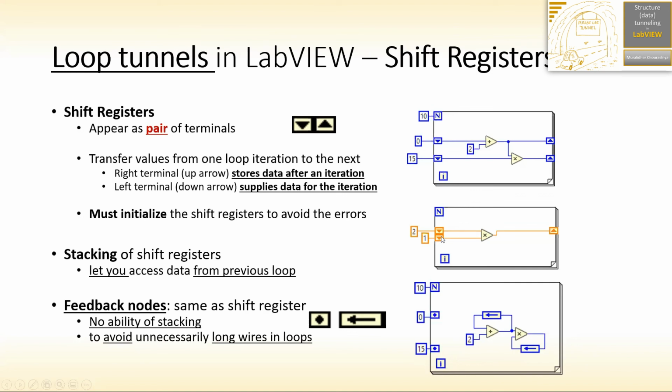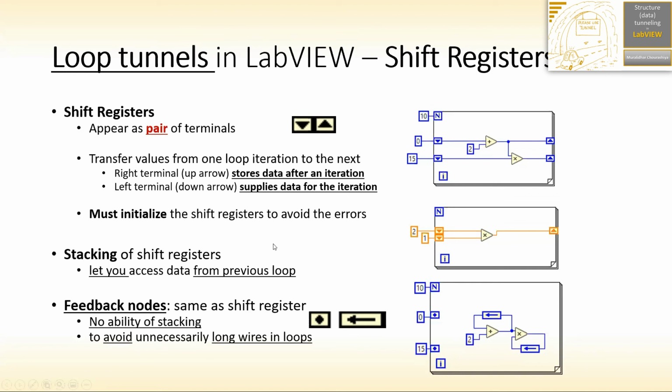It means this data here is from two loops before, this is from one loop before, and this is for this loop. This way you can increase the number of stacks, and you can have data from four loops before, five loops before, or six loops before. This is how you can get the data from the previous loops.